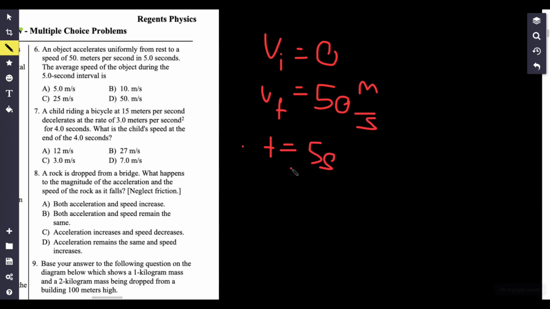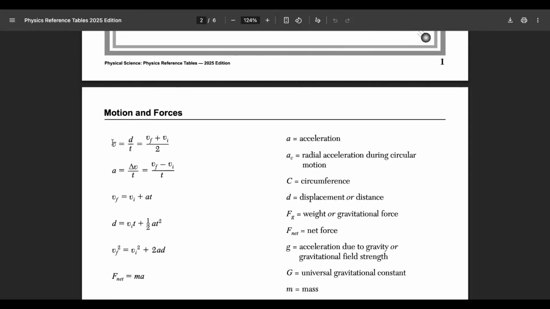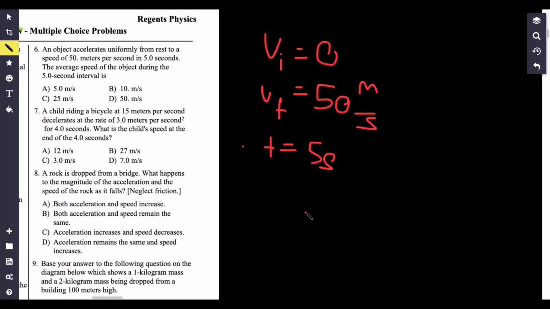So we want to find the average speed of the object over this interval. So how do we do that? Well, average speed is basically literally the average of the final velocity and initial velocity, divided by 2. And the reason why we can use that formula is because we're accelerating uniformly.